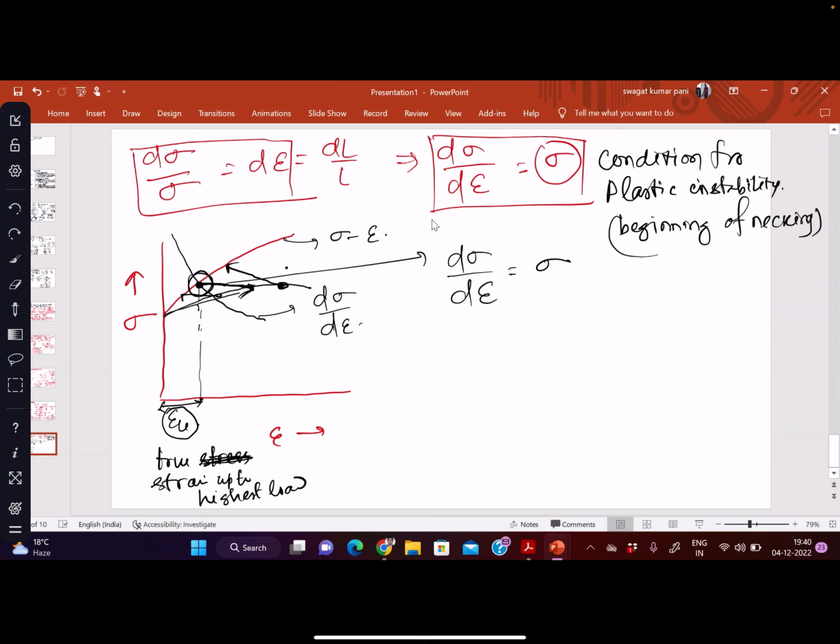So how necking happens, if you see, we have a sample like this. I'll draw only the gauge section, forget about the rest. Okay, so we are loading in this direction. This is not a single crystal, this is a polycrystalline material, so there will be grains.